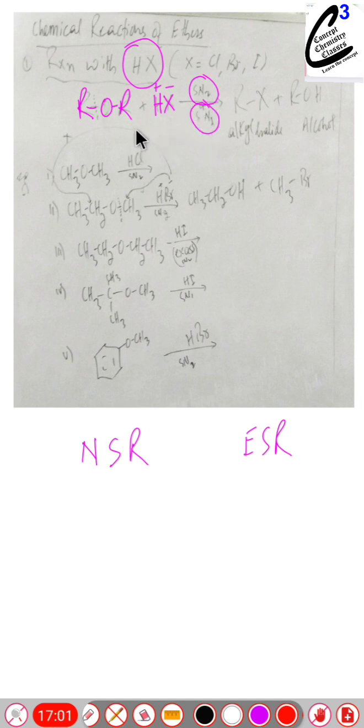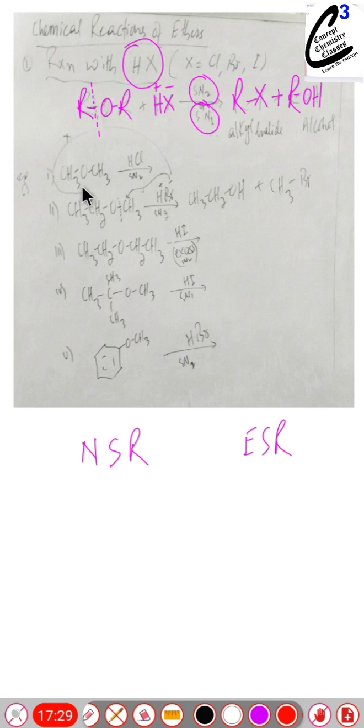So generally SN2 reaction takes place. This bond will be broken to form alkyl halide. This is our alkyl halide, and this will be our alcohol, because to this RO hydrogen will be attached. So alkyl halide and alcohol will be formed as the products, and the reaction follows SN1 or SN2 mechanism.